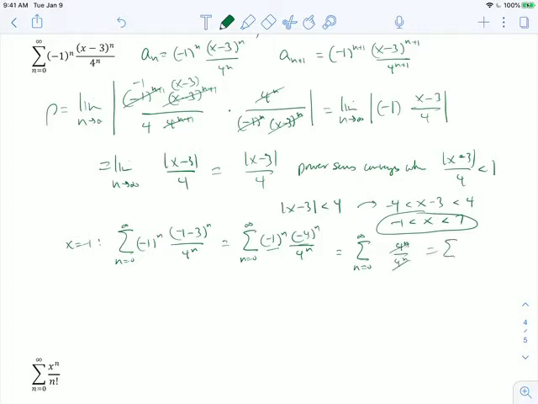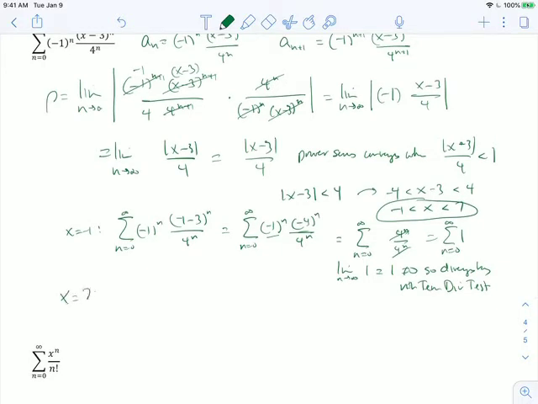So I get the summation from n equals 0 to infinity of 1. Well, if the general term is 1, the limit as n goes to infinity of 1 is equal to 1, which is not 0. So this diverges by the nth term divergence test. Notice that for testing our endpoints, we're going back and relying on test information that we looked at previously.